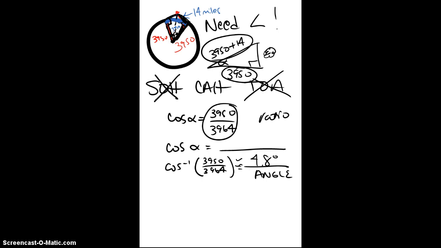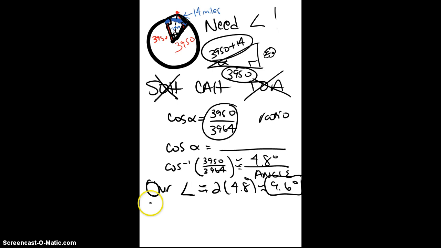All right, so next we want to find arc length. Now remember, our angle is the big angle, which is actually twice that, so about 9.6 degrees. And again, it's not going to be perfect just because I rounded.